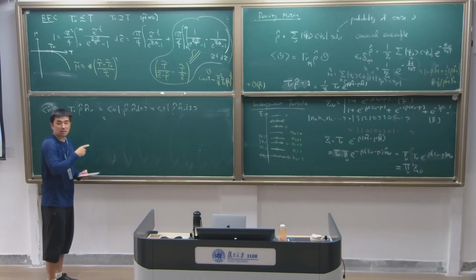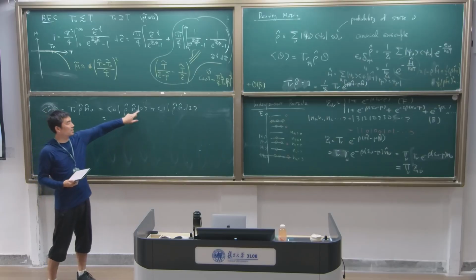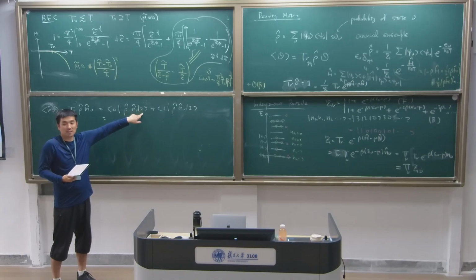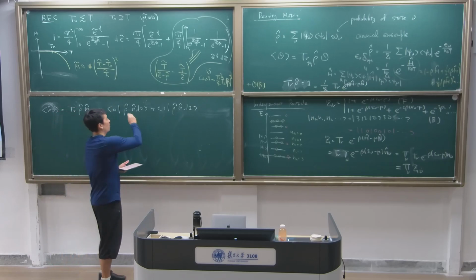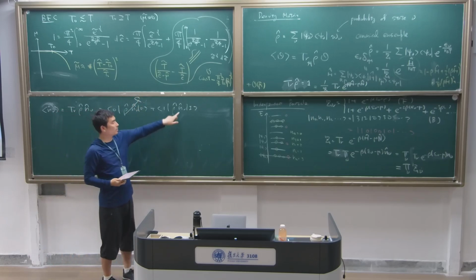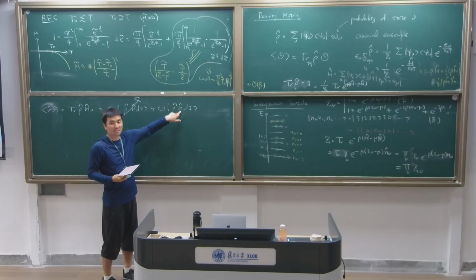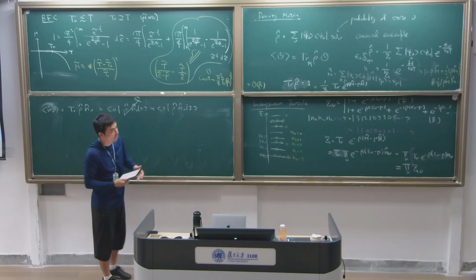So what's this? This should be 0 because n is 0, and 0 times whatever is 0. This is 0, you ignore. So what is this? N is equal to 1, right? Rho is just over there.